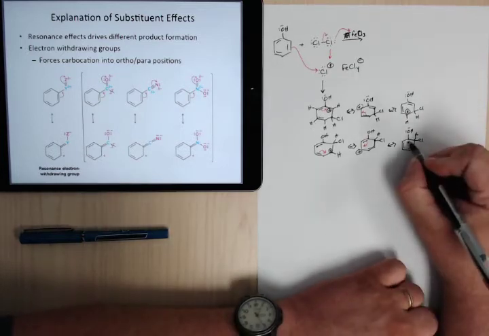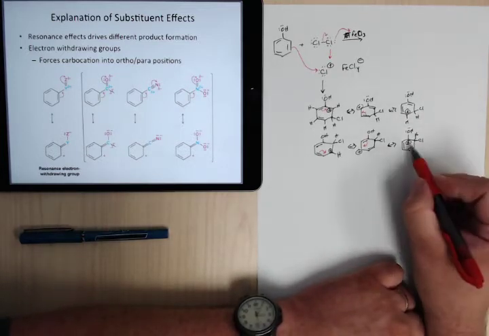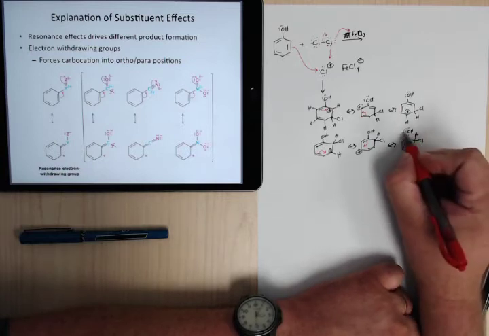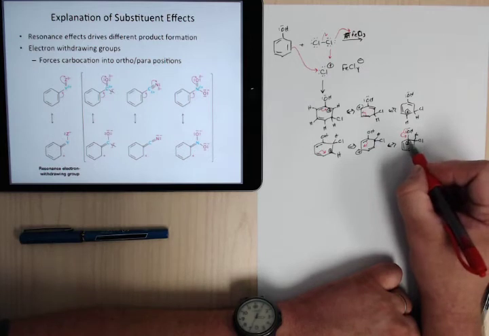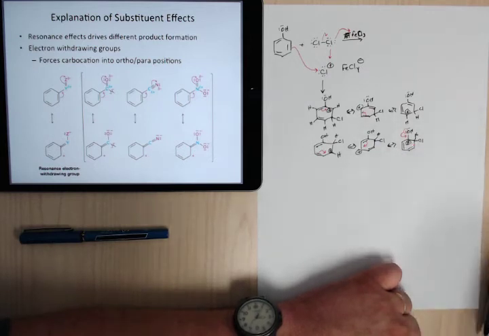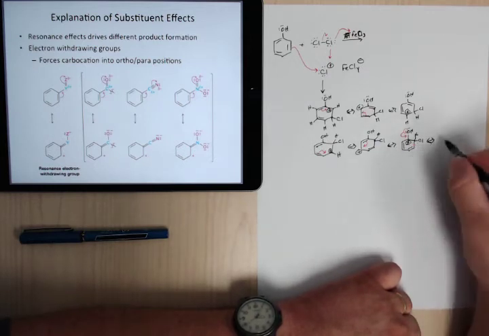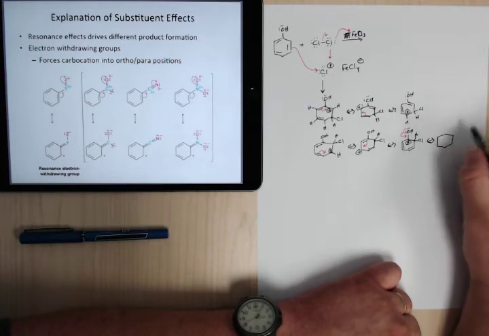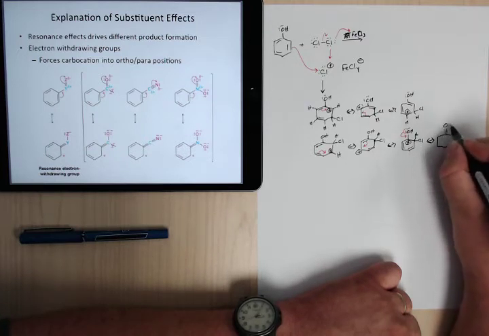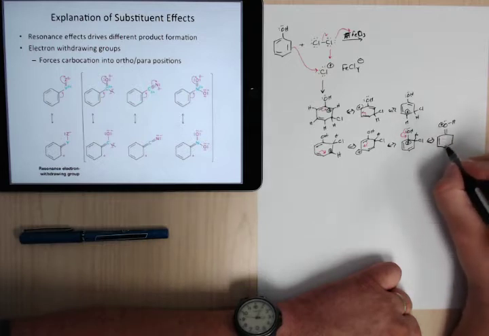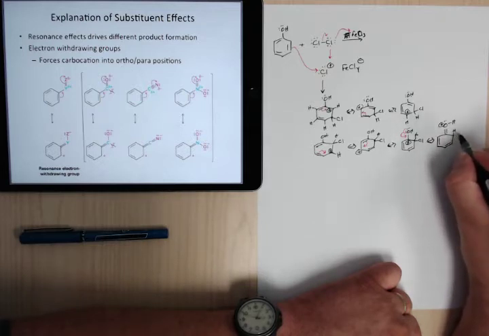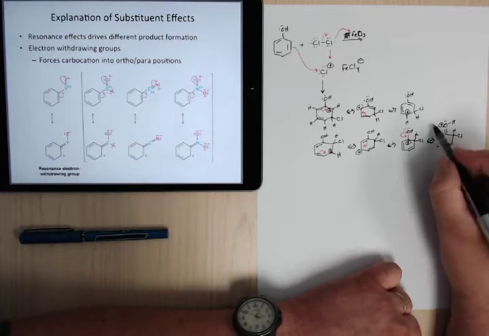Now, because we're doing it here, we can have an extra resonance structure where this lone pair is right next to it. Because the lone pair is right next to the chlorocation, we can get this. This is the key.